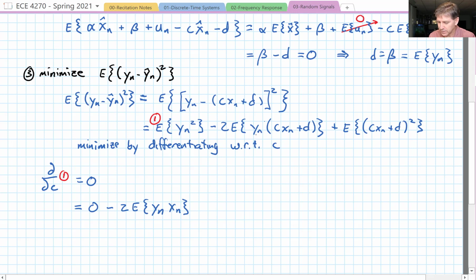The second part, the expected value of y[n] times d, has no c, so it's 0. And then finally, we have this last bit here. That's going to be plus 2 times the expected value, using our chain rule here, x[n] times (cx[n] plus d). And there we go.